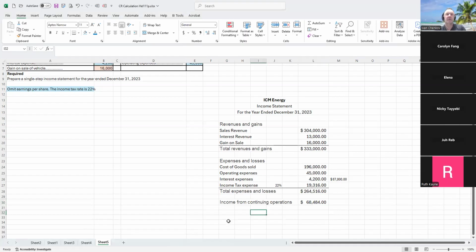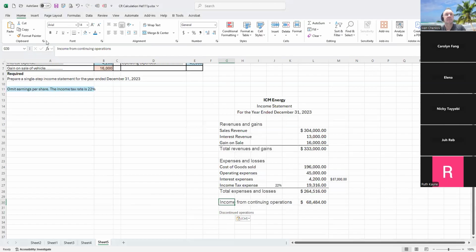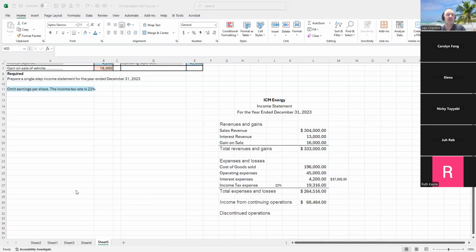After eliminating the element, now we're going to put that discontinued operation.